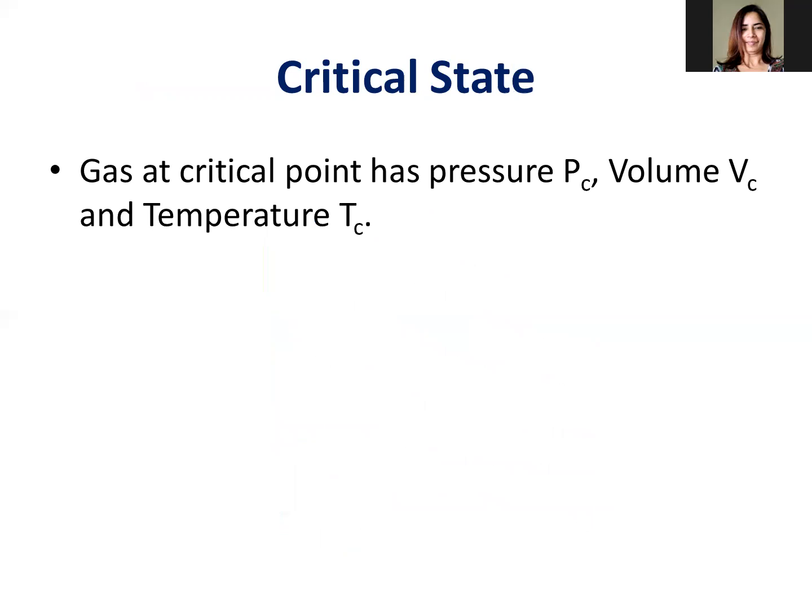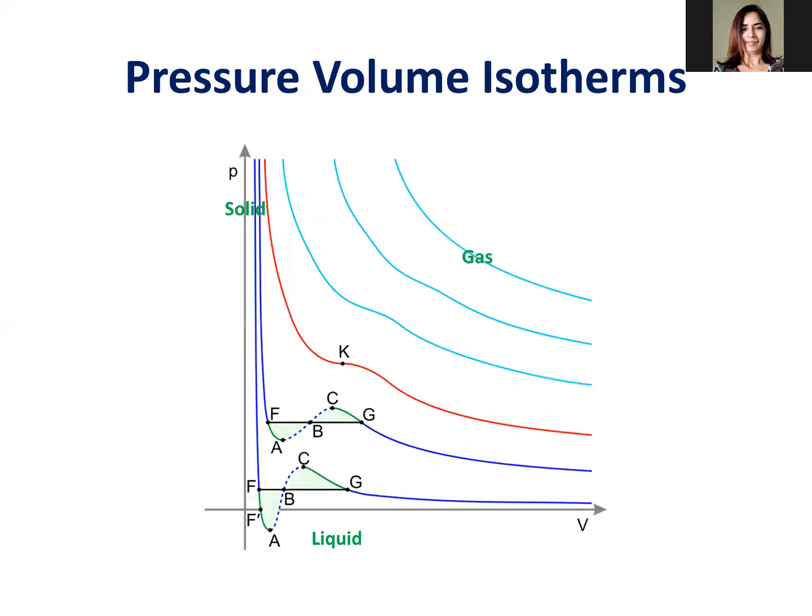Gas at a critical point has pressure Pc, volume Vc, and temperature Tc. These are various isotherms for which we have obtained different critical points.